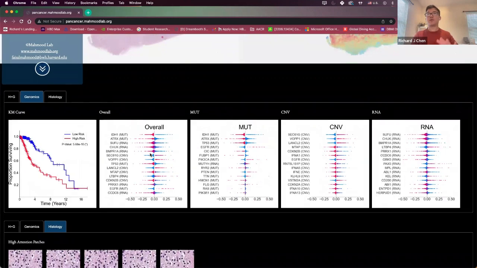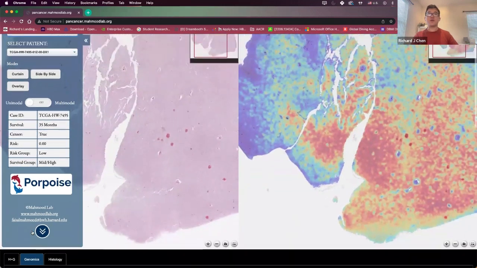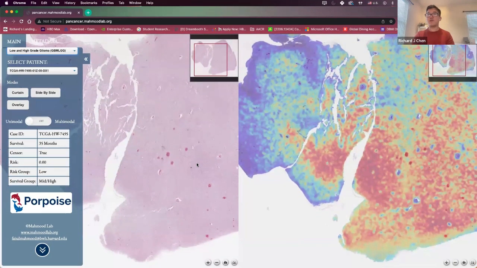We can see this for mutation, CNV, and RNA. Hopefully this is a resource platform to help pathologists and researchers see what multimodal models are learning in survival analysis.